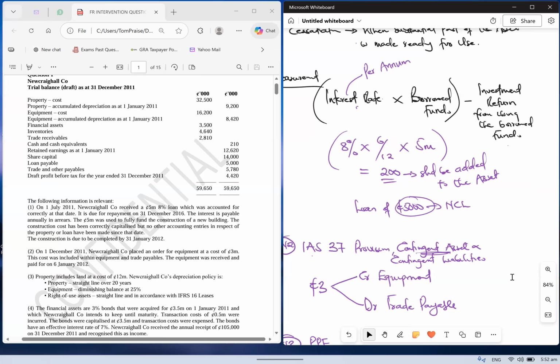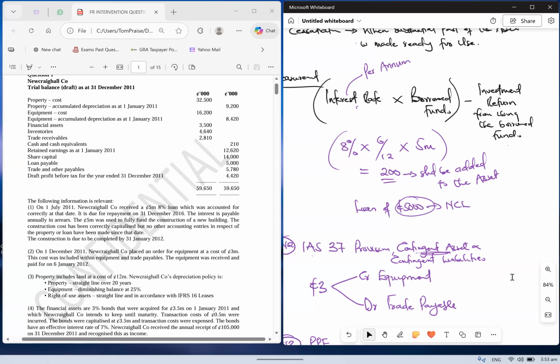Then what they have capitalized, and you have to be very, very careful about that part, is the loan that they used to build the asset. But they said no other accounting entry in respect of the property or loan. All right. So the 5 million was used for the construction of the new building.